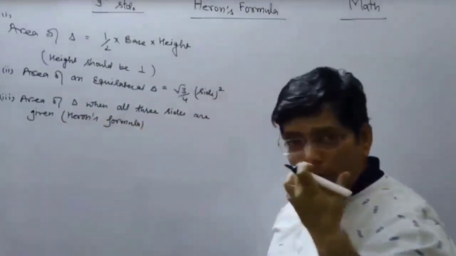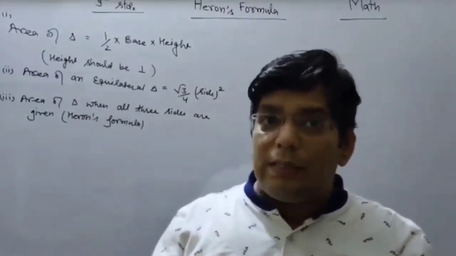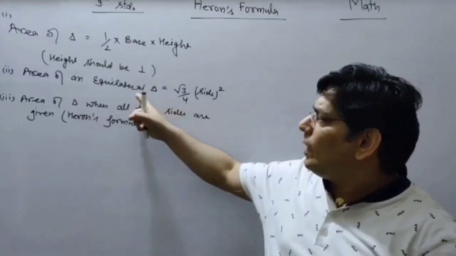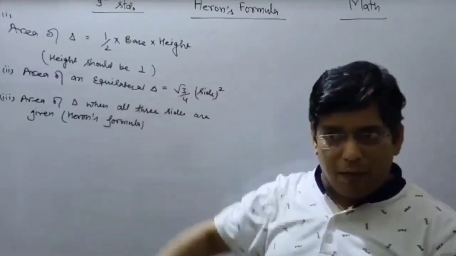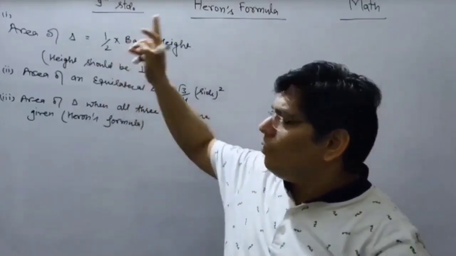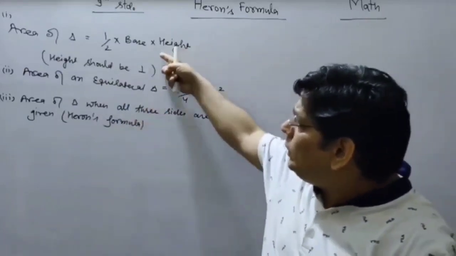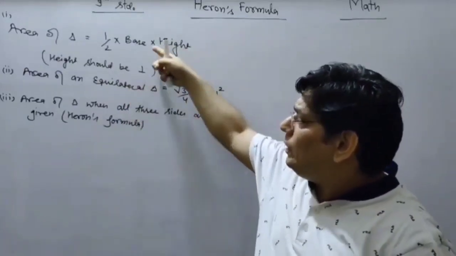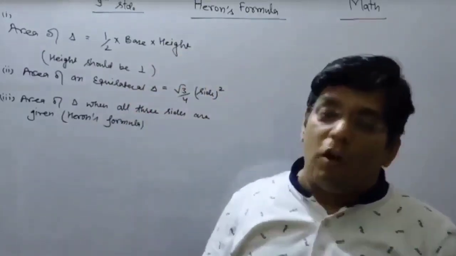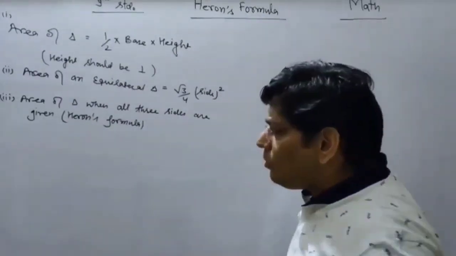Whenever in a triangle all the three sides are equal, we can use the formula of an equilateral triangle. Whenever perpendicular or height is given, we can go for that one. But when both of these conditions won't be applicable, in that situation we just use Heron's formula.